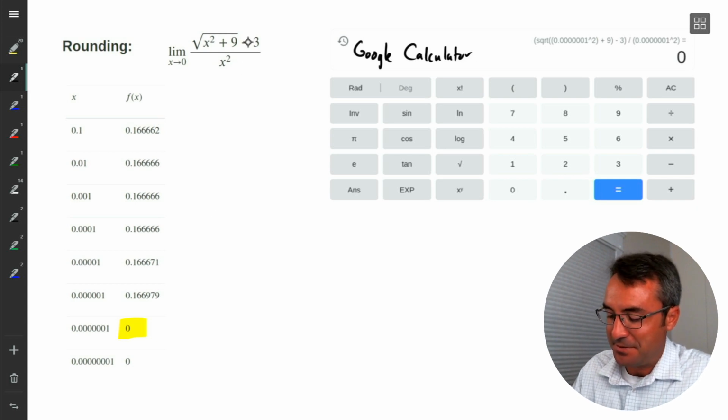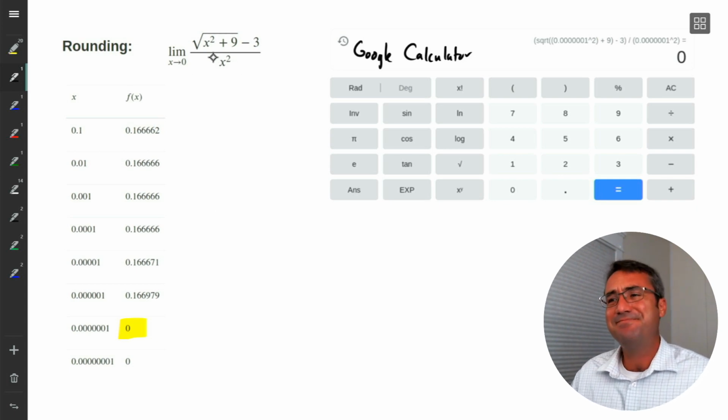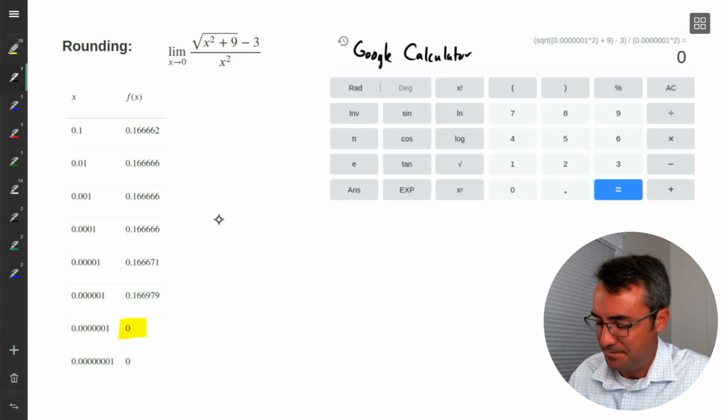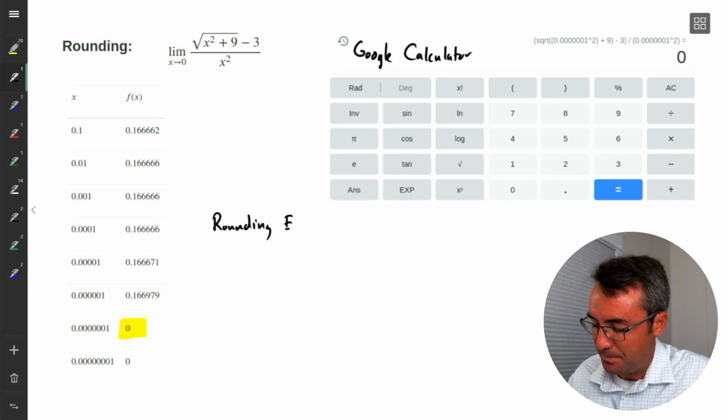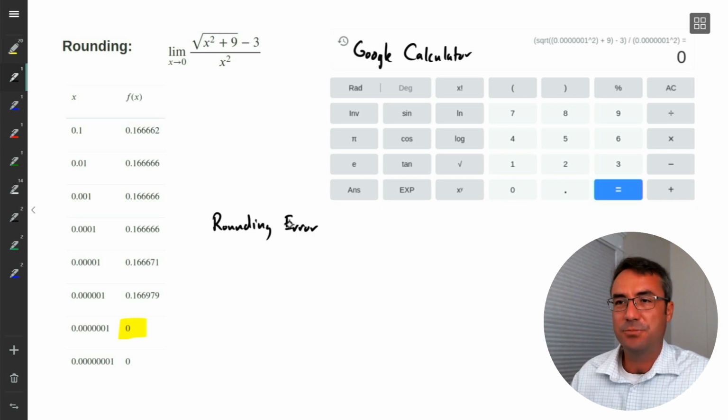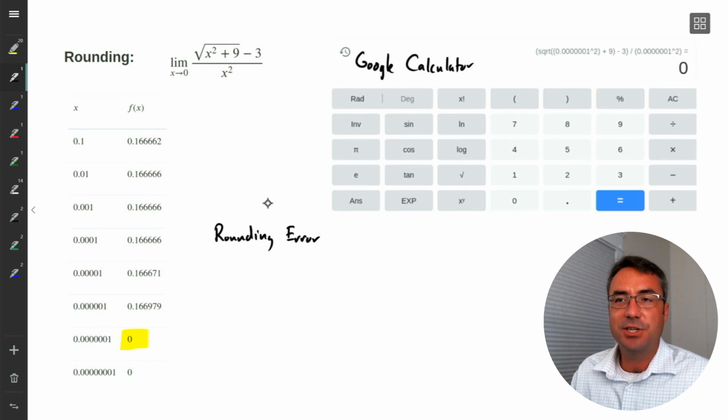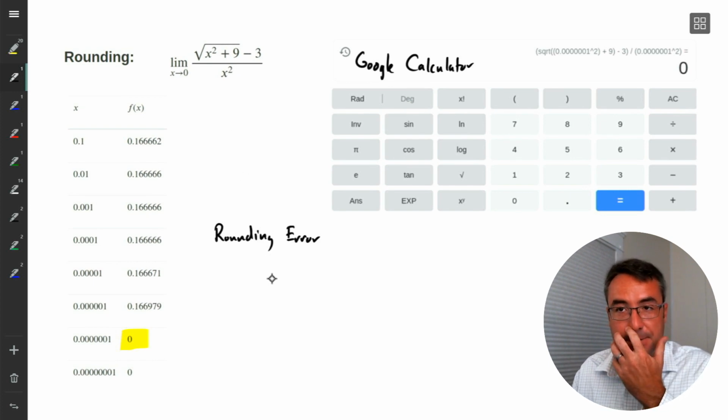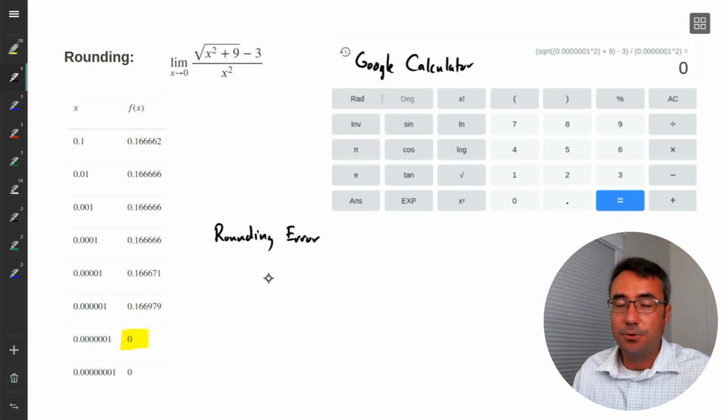But this is involving kind of a rounding error, more of a truncation error. But whenever we're doing these things, and just in general, eventually you have to round somewhere. And this is going to be true for when you're doing things yourself, or it could be true for these type of calculations.